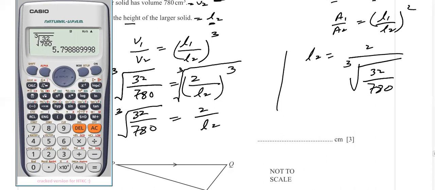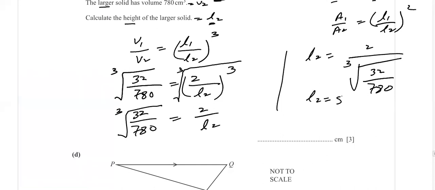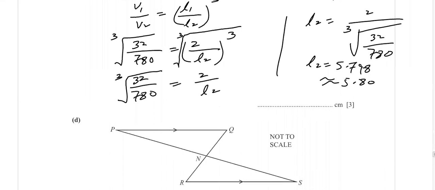So the answer will be 5.798. That you can round to 5.80, because 3 significant figures will be the suitable answer in that case. So in this way, using again the property of similarity, we found that one.